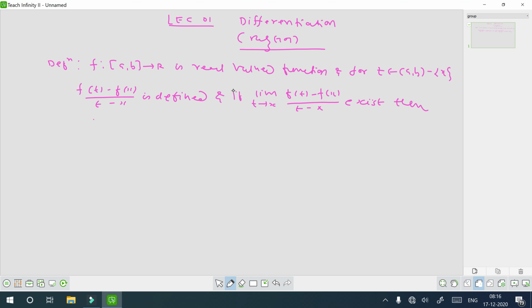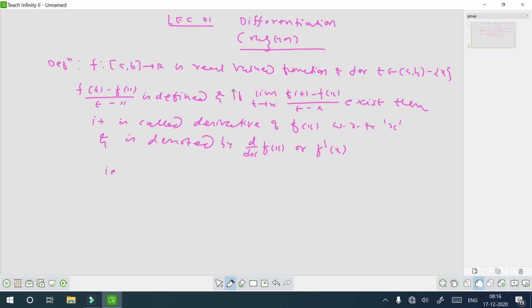then it is called the derivative of f(x) with respect to x, and is denoted by d by dx of f(x) or f dash x.